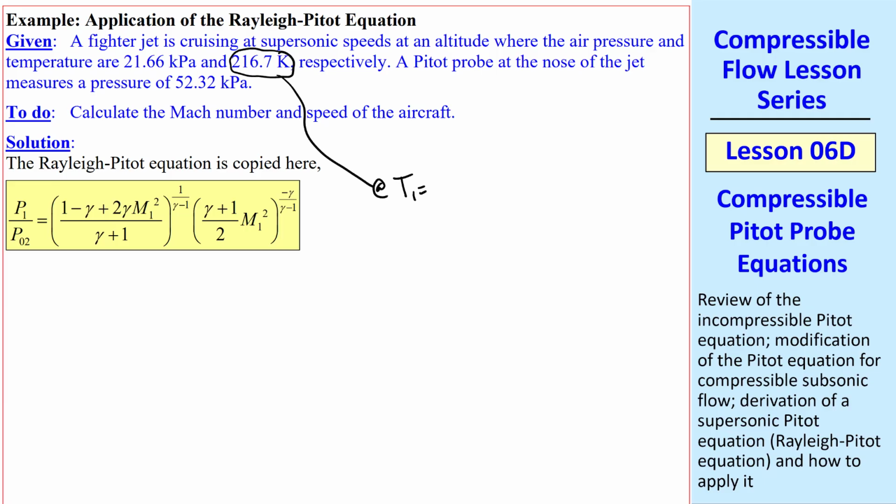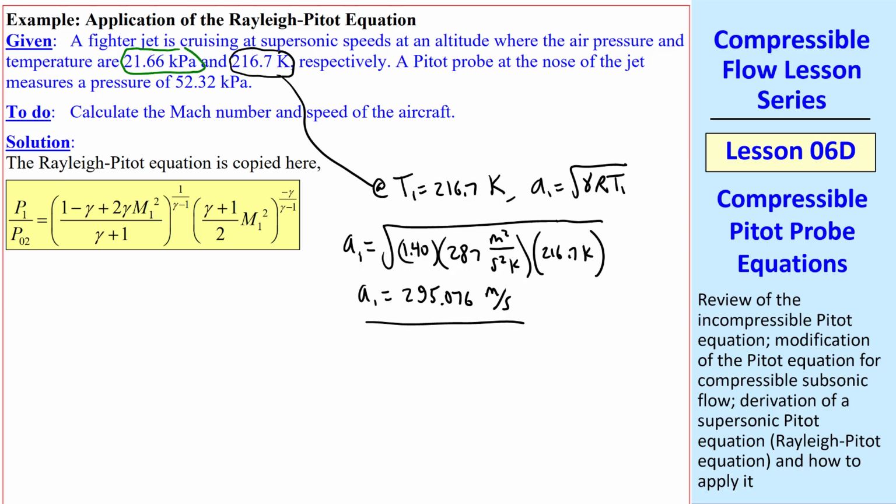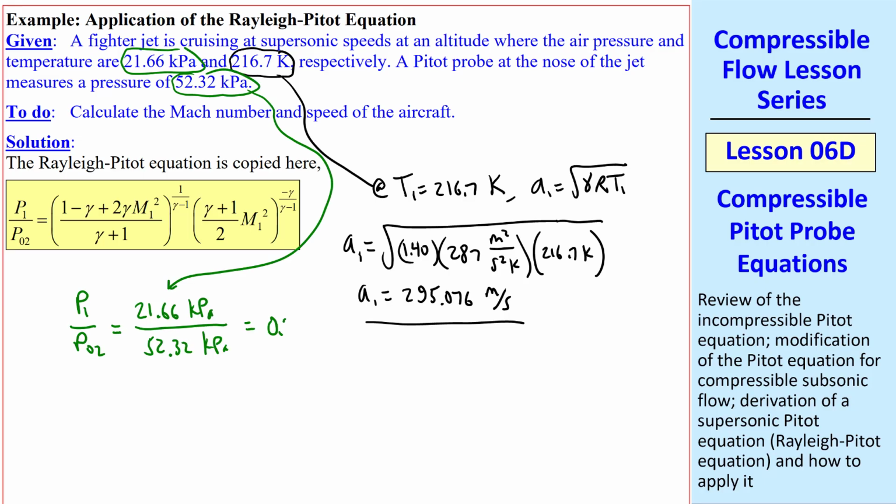At this T1, we can calculate A1 as square root of gamma R T1, and we plug in our numbers along with the units as usual, and we get 295.076 meters per second. From these two values, we get P1 over P0 2 equals 0.413991, since both of these pressures were measured.